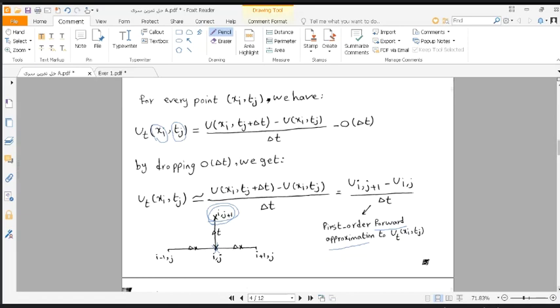We will become familiar with three types of approximation for the first derivative of u with respect to t: forward approximation, backward approximation, and central approximation. This is forward approximation. Okay?